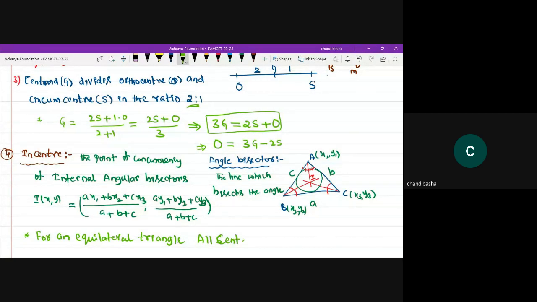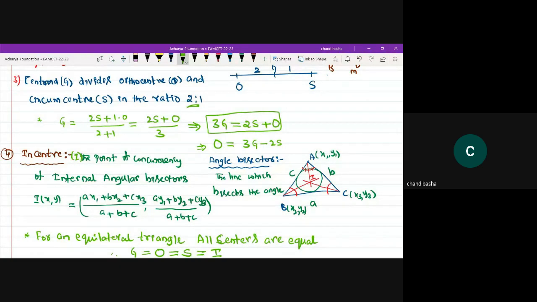All centers are equal. And the incenter is denoted by I. Centroid is equal to orthocenter is equal to circumcenter is equal to incenter. Yes, all the four centers are equal for an equilateral triangle.